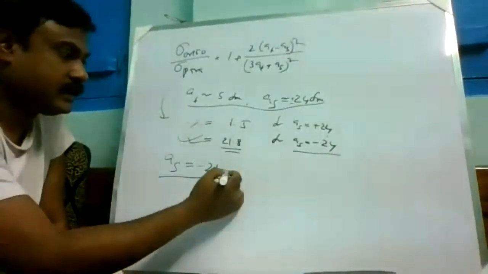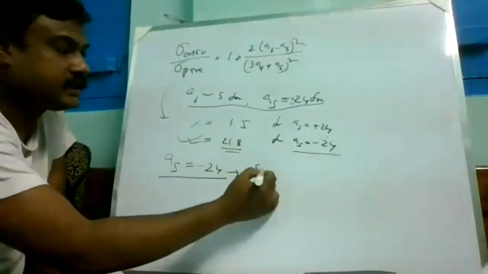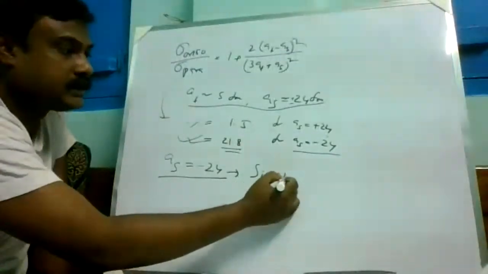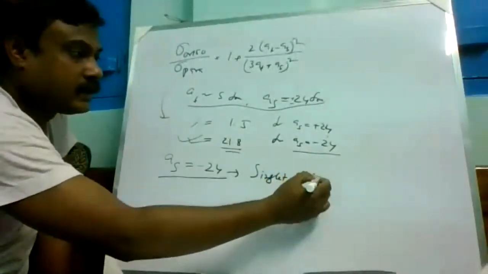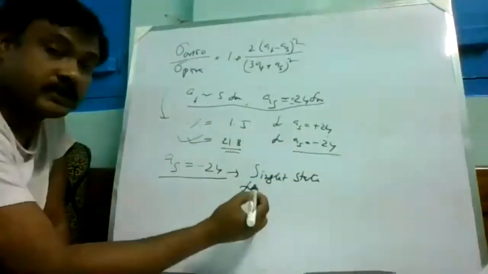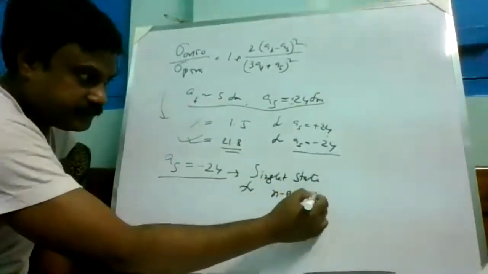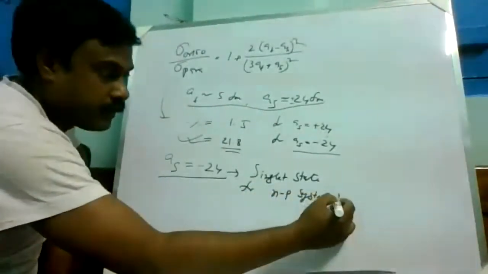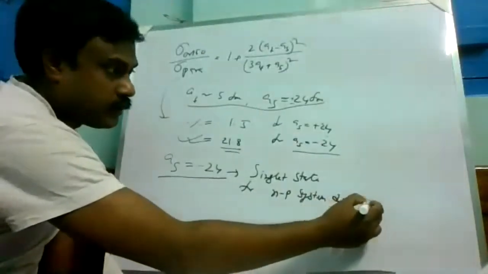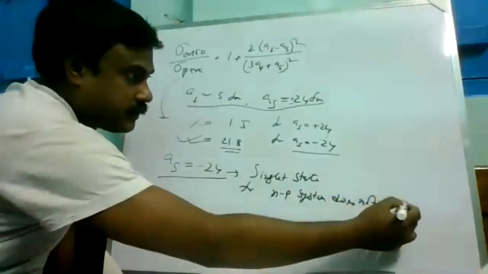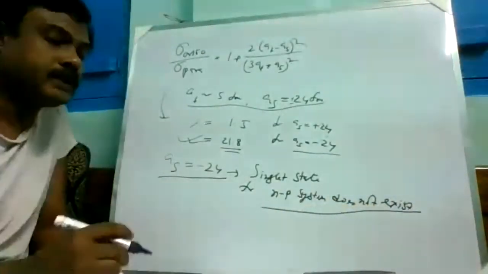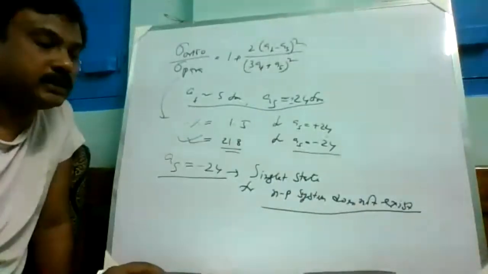This negative sign indicates that the singlet state, for which system? For NP system, does not exist, or it will not be a bound state.